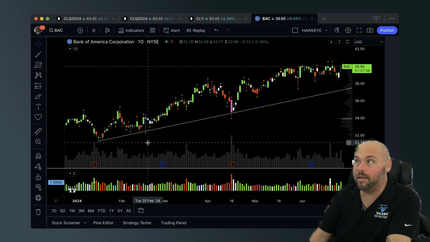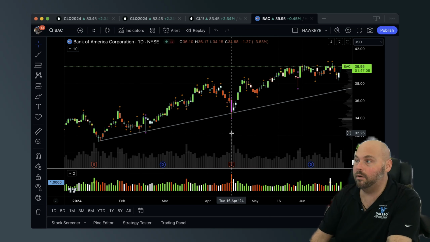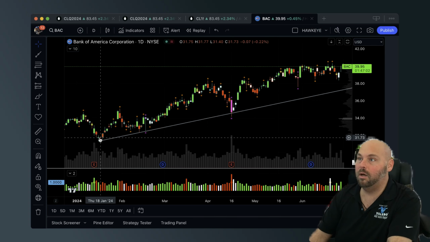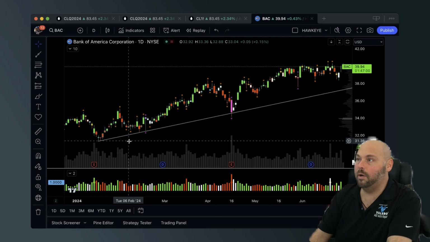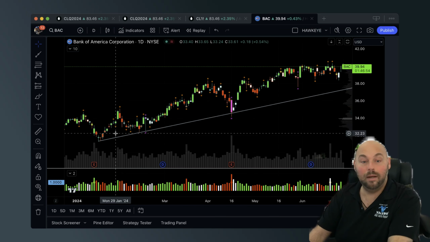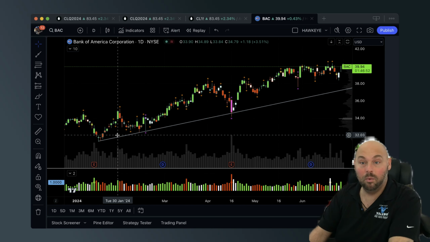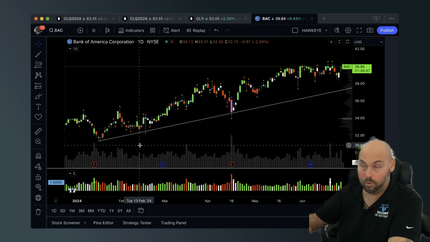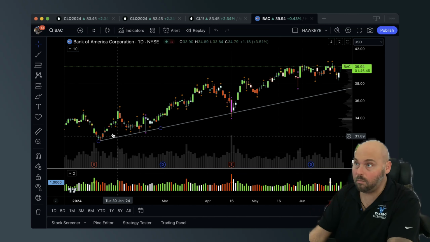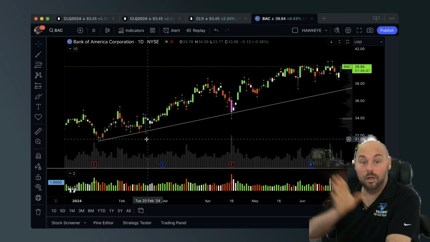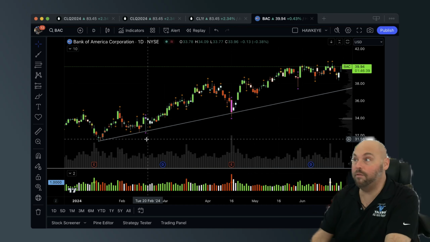So we're going to fast forward all the way over here, right? This trend line really was established between the low of January 17th and the 4th touch was February 16th. So this trend line required basically a month's worth of price action to really say, hey, this trend line has now established itself to be meaningful. On 4 occasions, this trend line's been touched, and on 4 occasions, price has rallied away from it, all right?